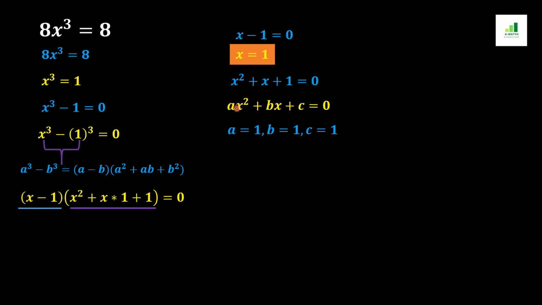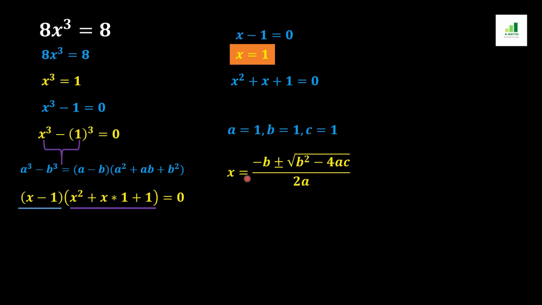Here the value of a will be equal to 1, because the coefficient of x square in our given equation will be equal to a, which is 1. The coefficient of x will be equal to b, which is 1, and the value having no variable will be equal to c, which is 1.